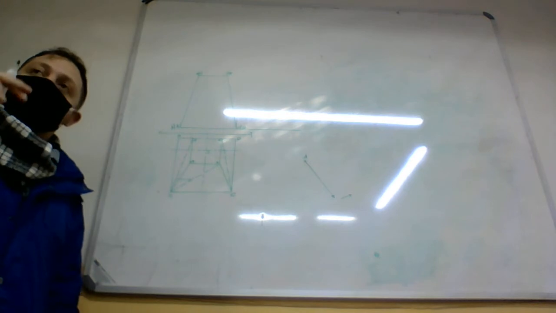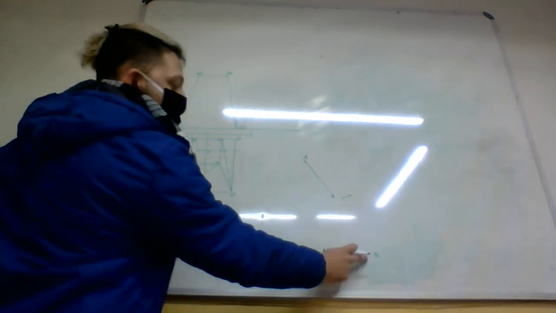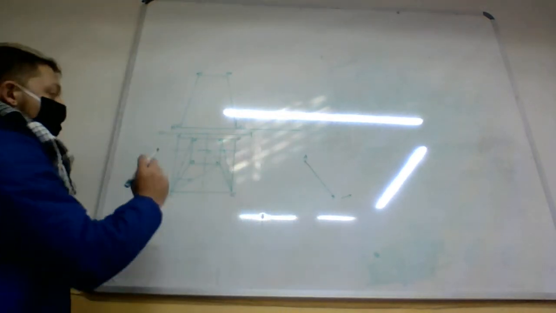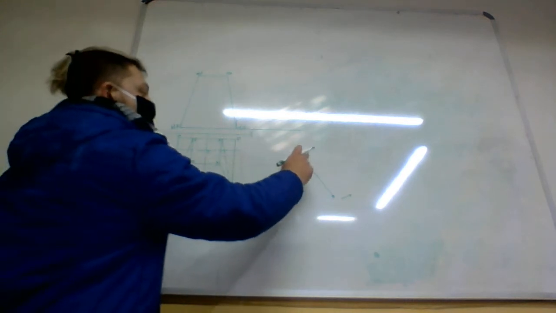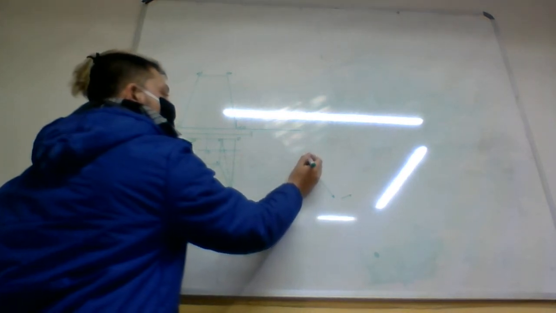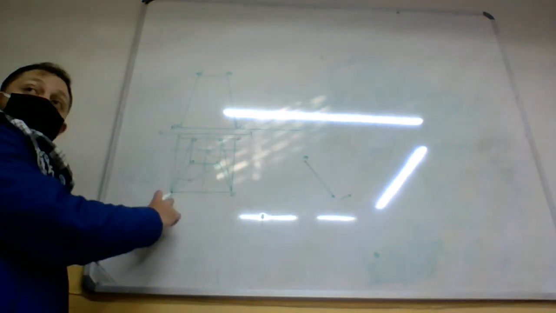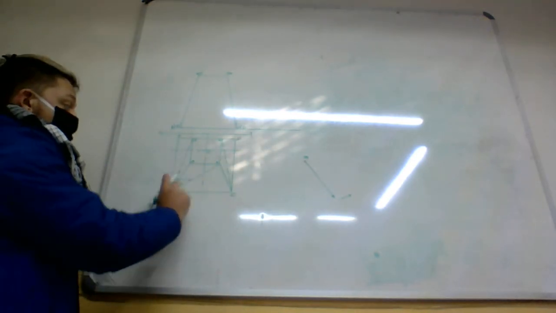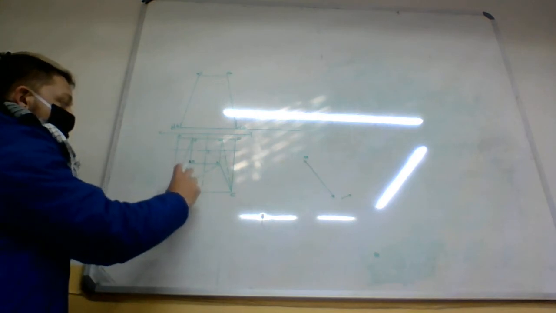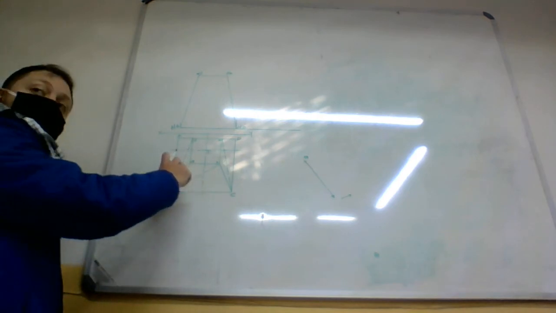Okay, so the line we want first is AB, right? So AB is here. AB, right? That's the line you want. So that's your first line. So you go measure that with your compass.